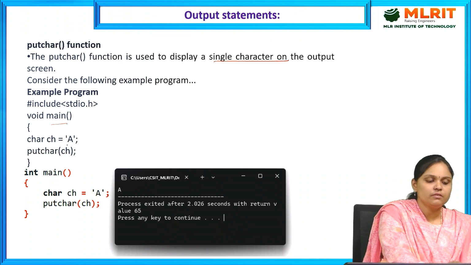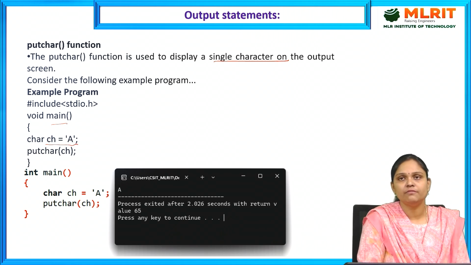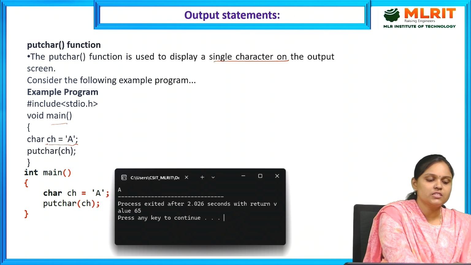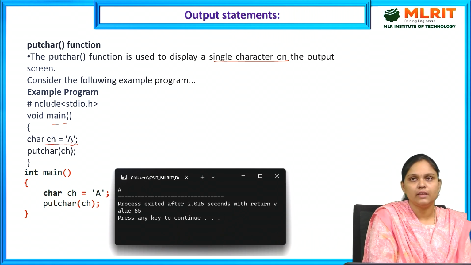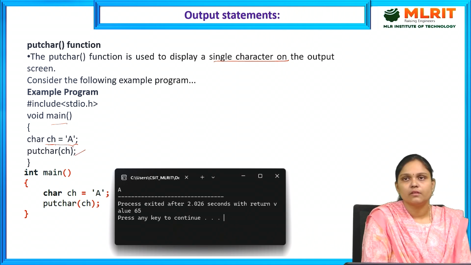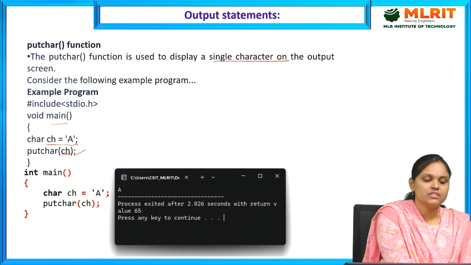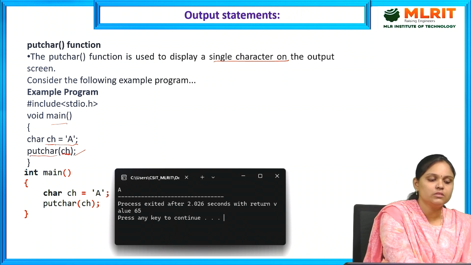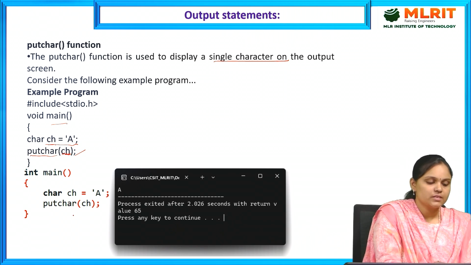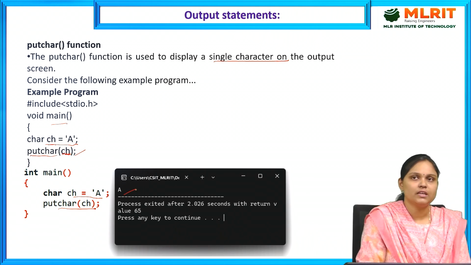In the main function we declare a character variable ch and assign it the value capital A. By using the putchar function, whatever character we have in the ch variable is printed on the output screen. See, in the output we got the character A.